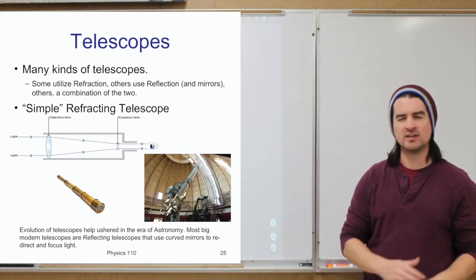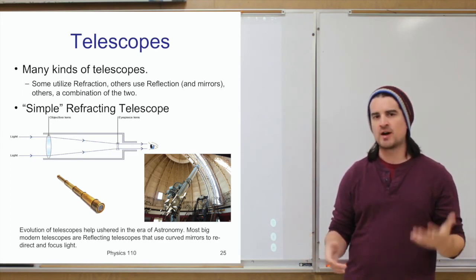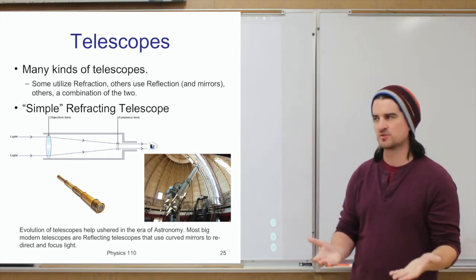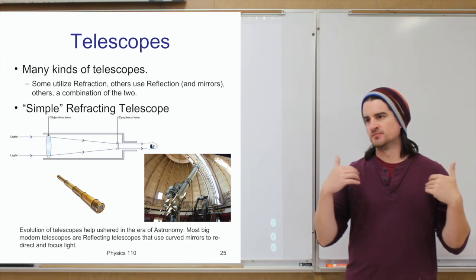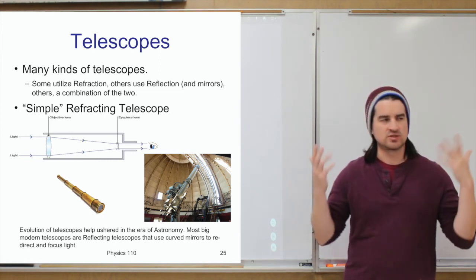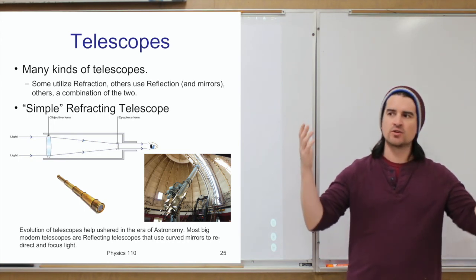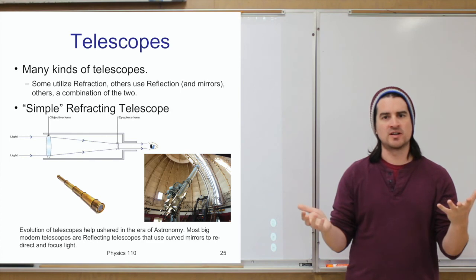Even beyond that, we've really just been talking about visible light here. But if you know anything about telescopes, you know that there's not just optical telescopes. There are also radio telescopes, infrared telescopes, and gamma telescopes that pick up gamma rays. Those are all different parts of the electromagnetic spectrum.